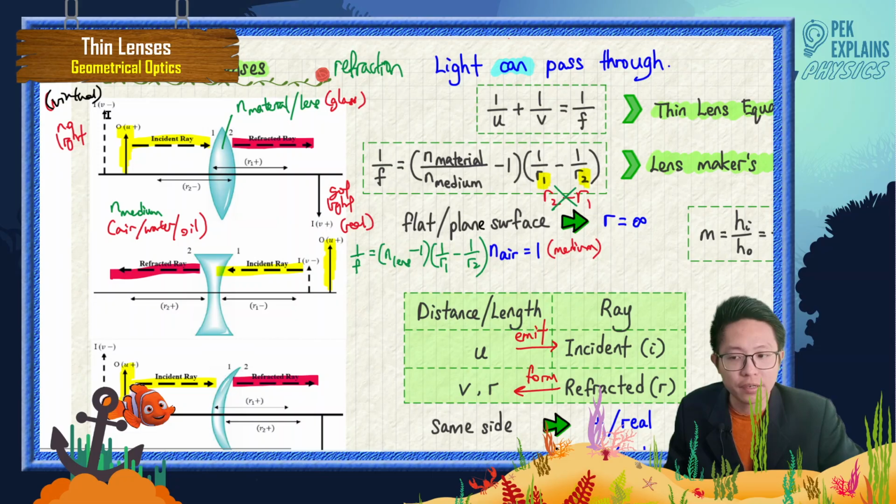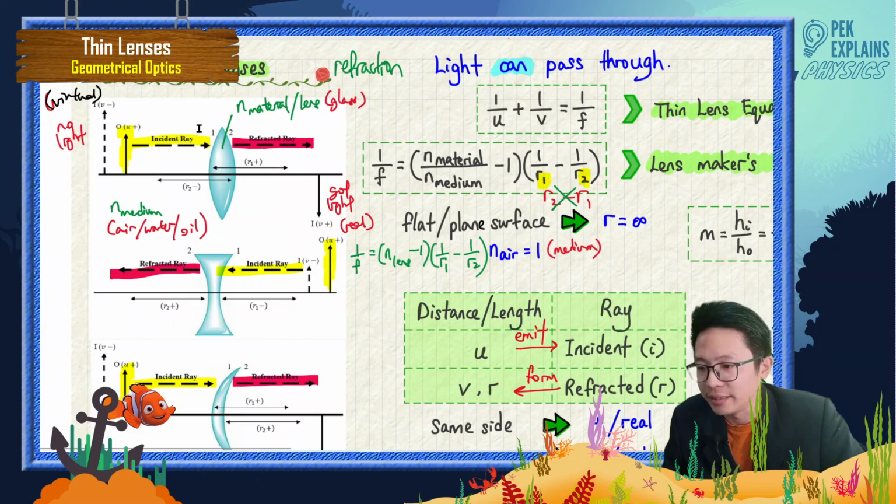Now how about the radius for the lens-maker equation? For radius R1 and R2, which one is R1? The surface with the incident ray is the first surface. I should draw the radius here. You see, this is the radius.